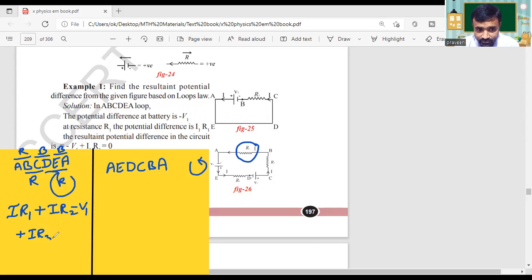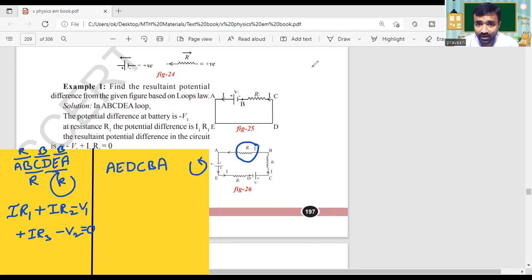Next E to A, I have a battery, positive terminal to negative terminal, so a negative sign is assigned, and the voltage is V2. So that is equal to 0. This is the equation written in the clockwise direction.